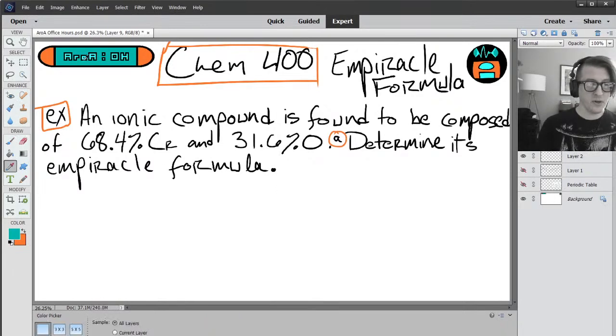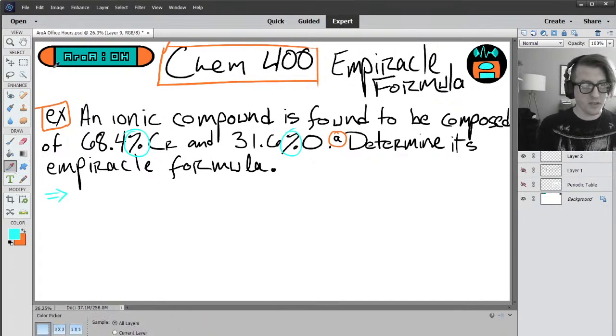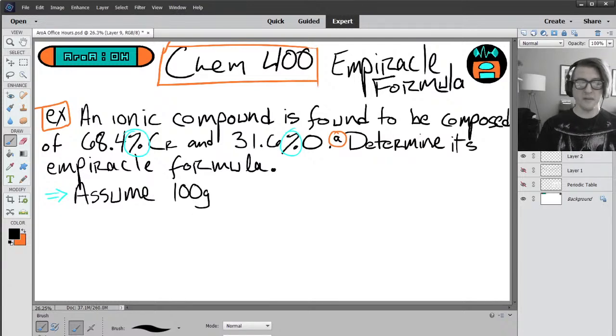And whenever you're given the percents of each element, the way you move forward with solving the problem is you assume that you're dealing with 100 grams.